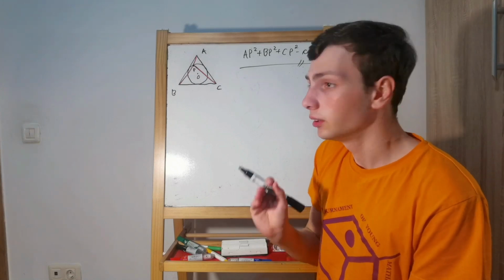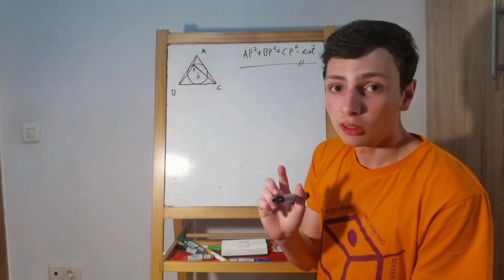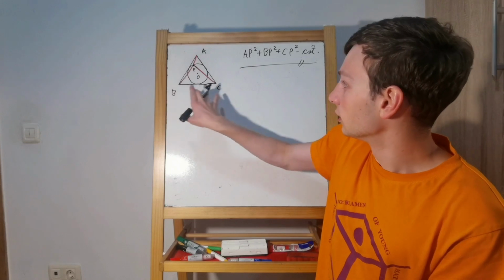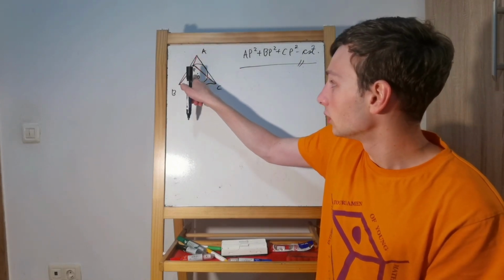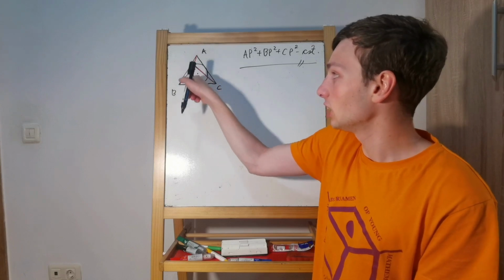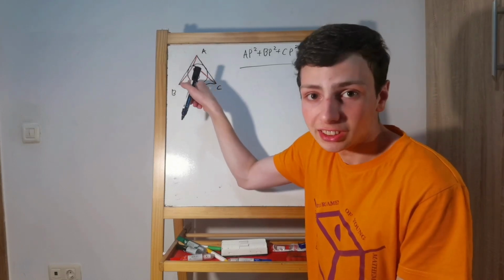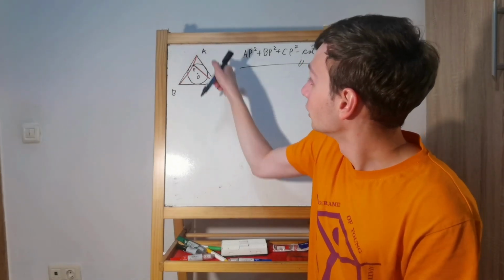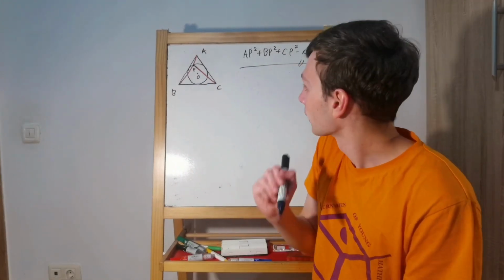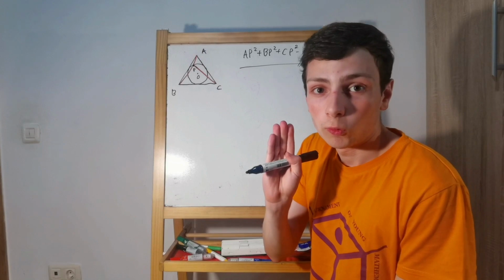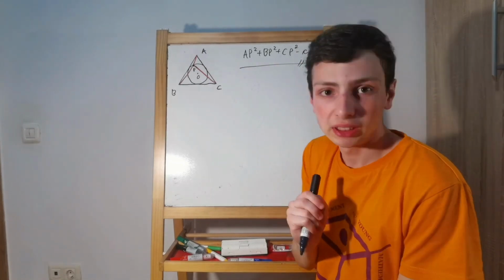First of all, note that because this triangle is equilateral, this point O, which is the center of the incircle, is also the center of the equilateral triangle. What can we derive from this fact?